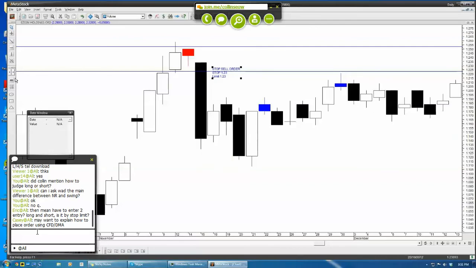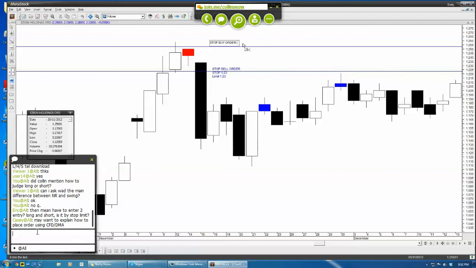You should place another order at the same time. This is a stop buy order.